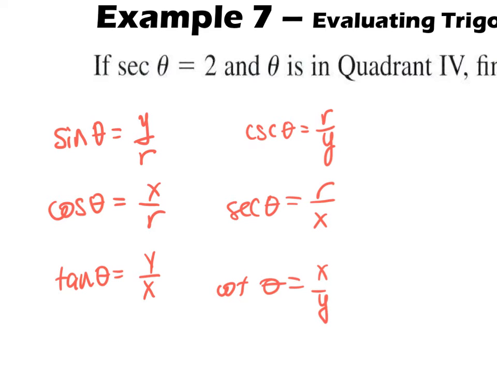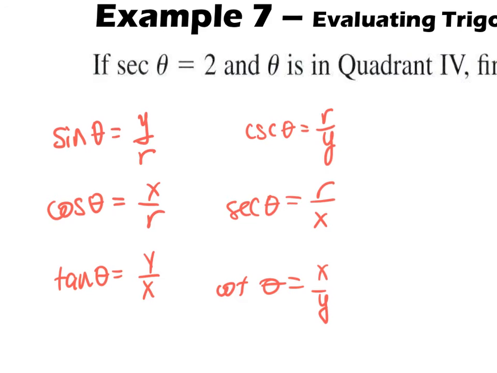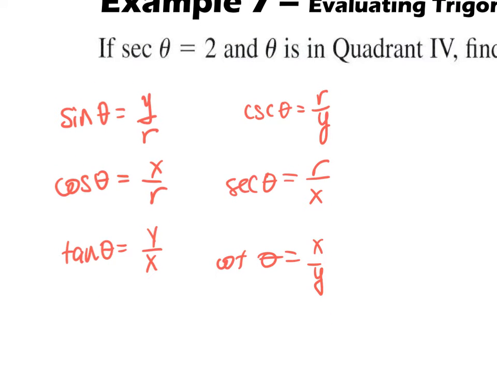If I were you, I'd write that for every single time so you're like, okay, so what did they tell me in the beginning of this problem? Secant is what? 2. So secant is 2 over what? No. What number's underneath here? So secant is 2 over 1.